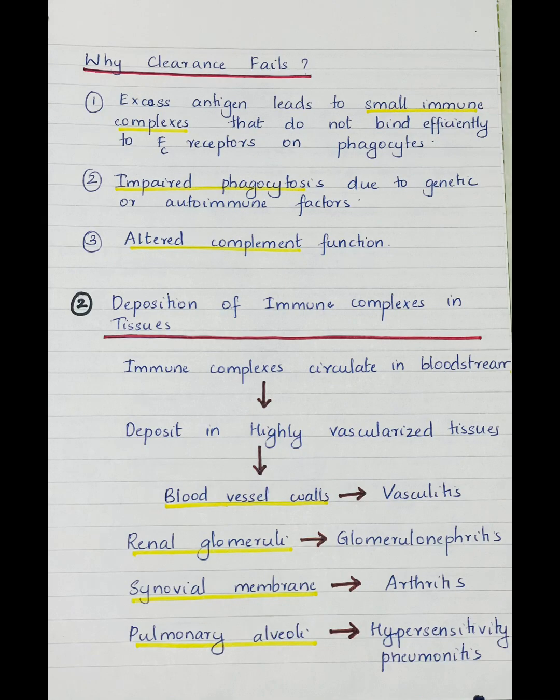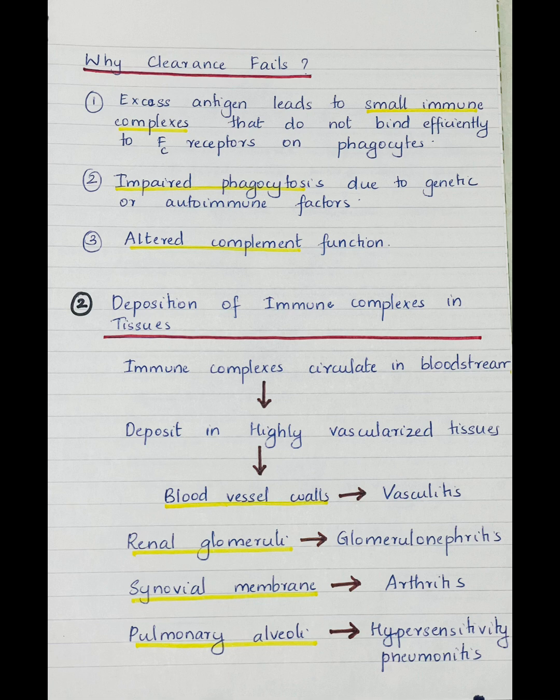Normally, these immune complexes are cleared by mononuclear phagocyte system in the liver and spleen. Mononuclear phagocyte system includes macrophages, monocytes, and dendritic cells. So this system removes the antigen-antibody complexes from the circulation.